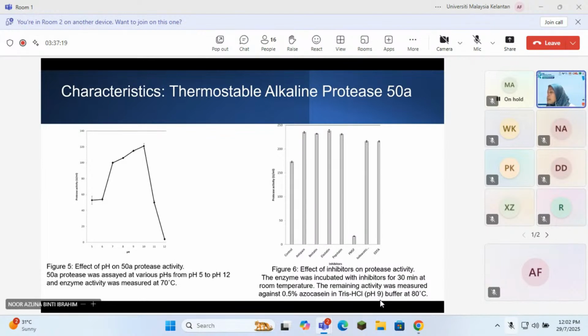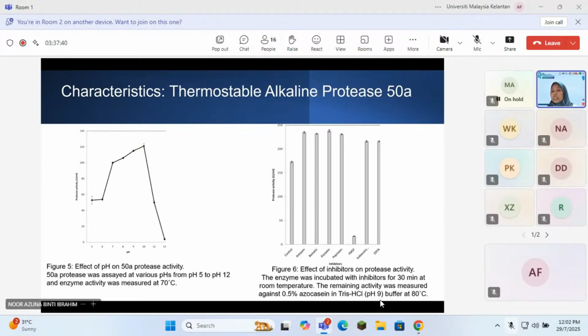So we can see here PMSF is able to inhibit the protease, meaning that this protease belongs to serine protease, because only PMSF is able to inhibit serine protease.